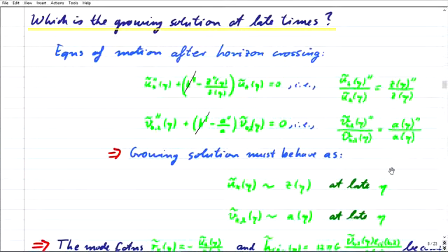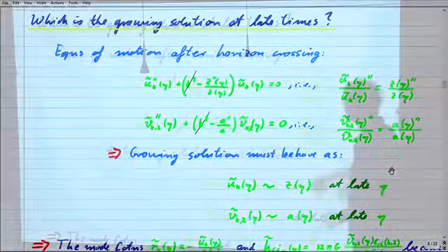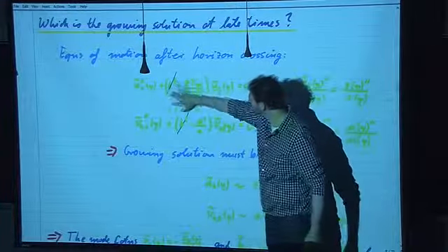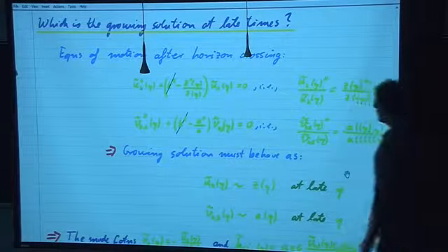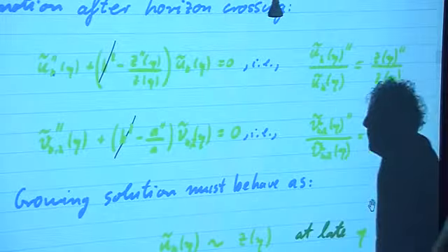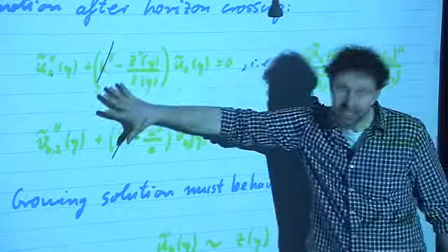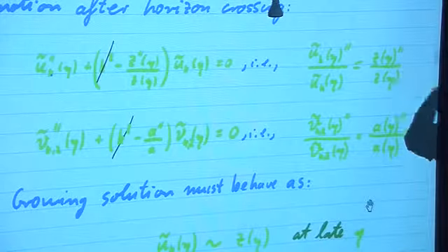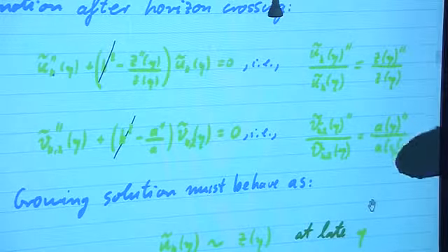So the equations of motion after horizon crossing will have these terms dominant and the k-squared terms essentially negligible. I was already saying that, therefore, we expect that what used to be positive and negative frequency plane waves become exponentially increasing, exponentially decreasing solutions. Here is how we see that explicitly.